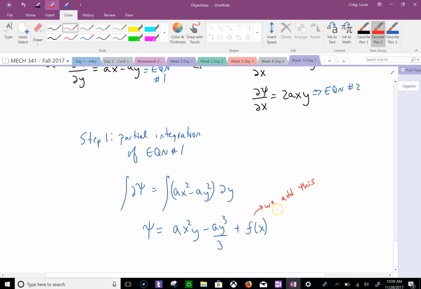Would it be f of y? It should be a function of x.